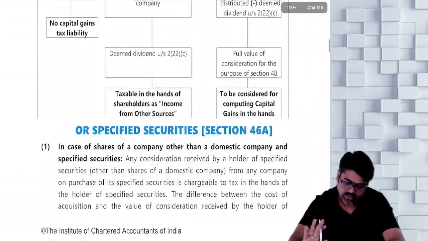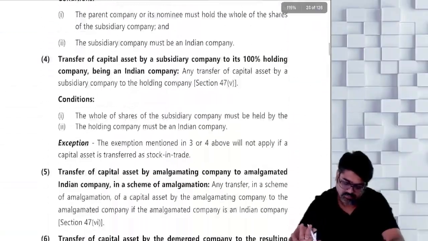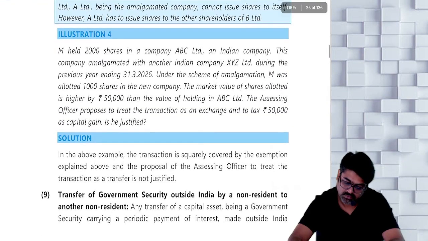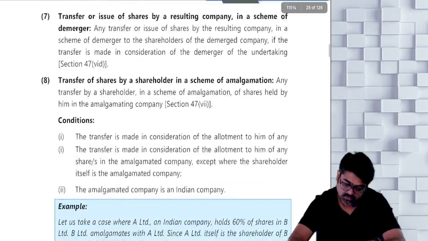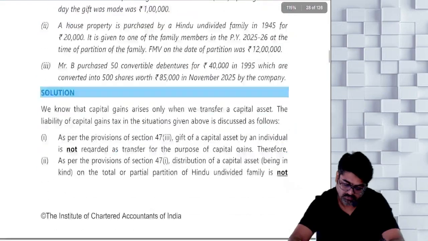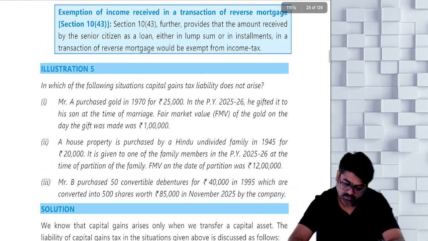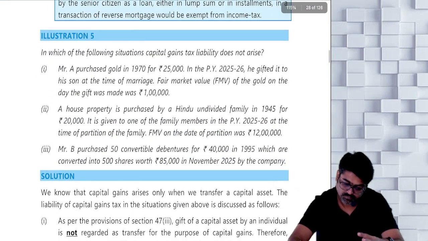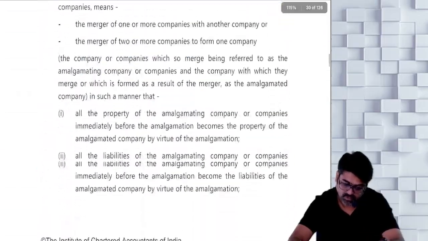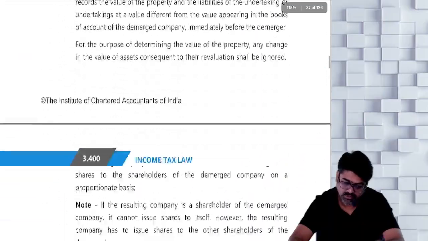Illustration 2, leave right now. Move on to the next illustration. This is on section number 47 that we are going to do later on. This is also 47. Senior citizen mortgage. This is also section 47.